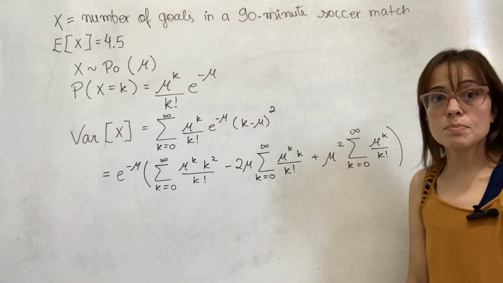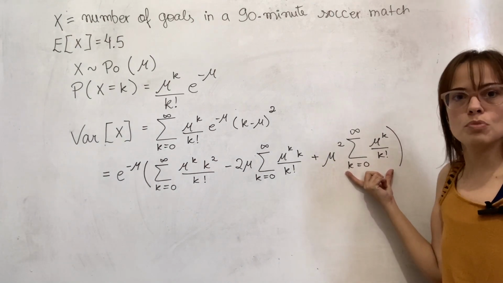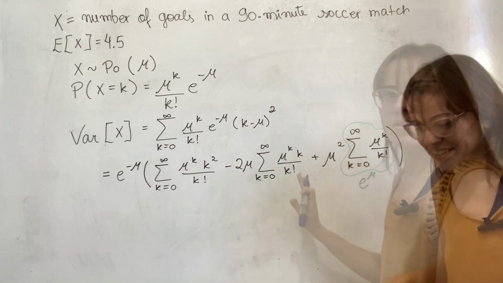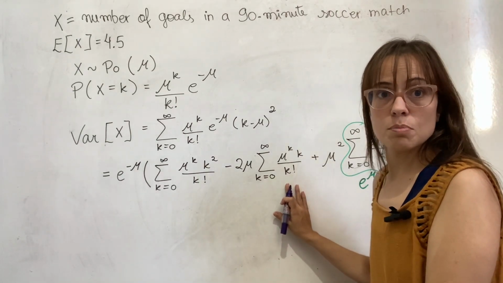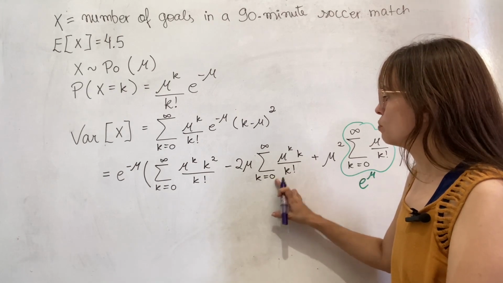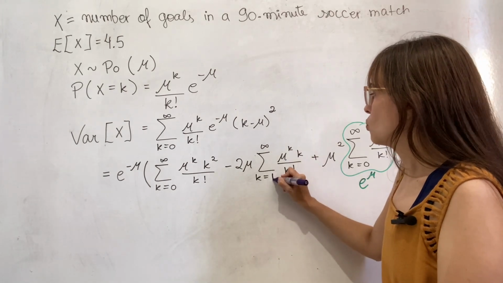Now we're going to cancel some things. For example, this one here is just e to the mu, like we have just mentioned in the previous page. This one also does a similar thing to the previous one. We don't want to start at 0 because of the k at 0 here, so we start at 1.